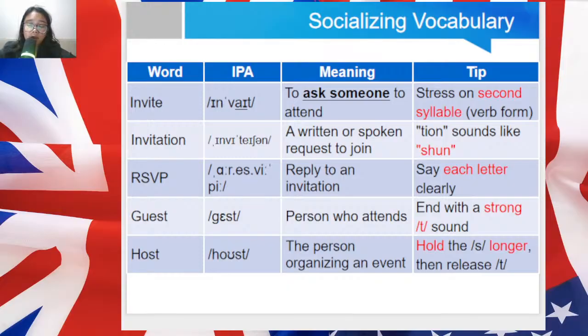For example sentences we have here: each guest received a small gift. When it comes to pronunciation, you make sure to end the word with a strong T sound. For some English learners, making this final sound clear can be a little tricky. Next is host. I'm sorry.